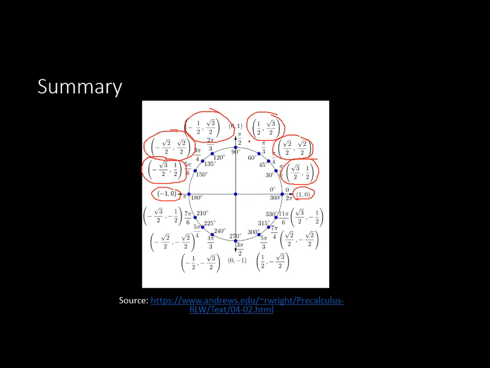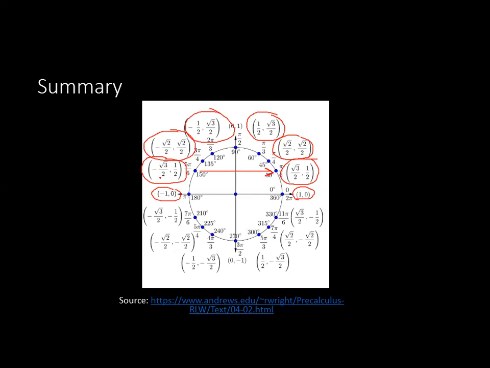So if, for example, you're confused about what the coordinates of 150 degrees would be, look at 30 degrees here, which is square root of 3 all over 2 and 1/2. But 150 degrees is in the second quadrant, so the x coordinate is negative.